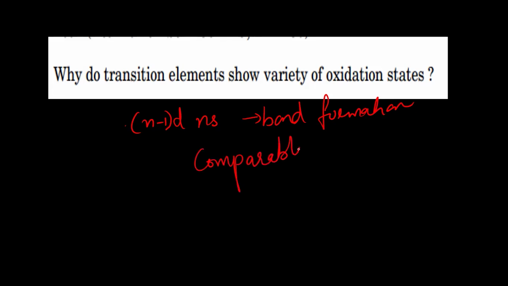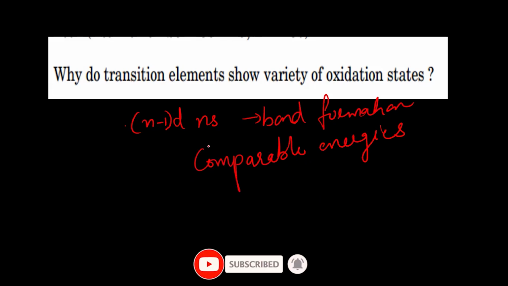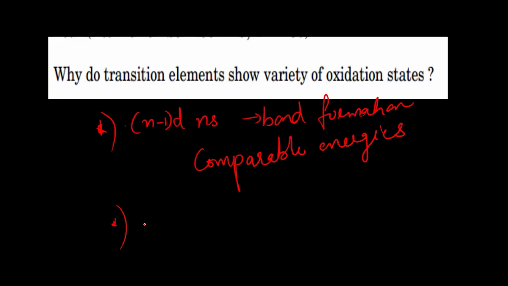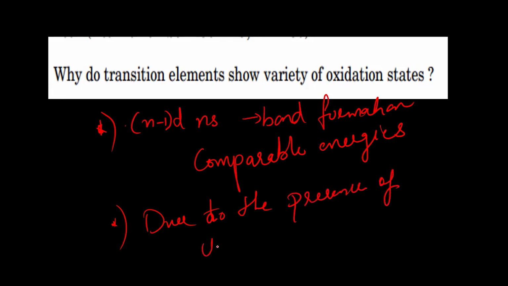So they show a variety of oxidation states. Or you can mention the other point: it is due to the presence of unpaired electrons in d orbitals. Yes, so this is the answer.